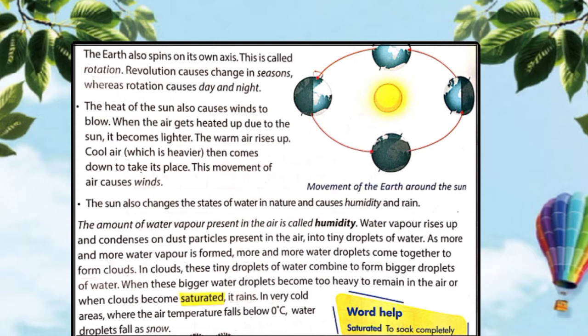As more water vapor is formed, more and more water droplets come together to form clouds, and in clouds these tiny droplets combine to form bigger droplets, and when the cloud becomes saturated, it rains. But in very cold areas where the air temperature falls below 0 degrees Celsius, water droplets fall as snow.